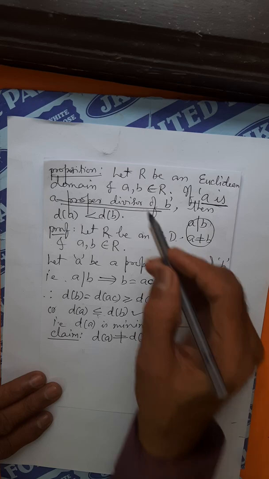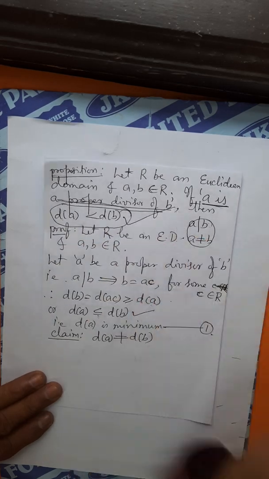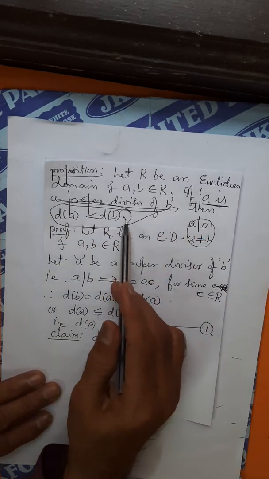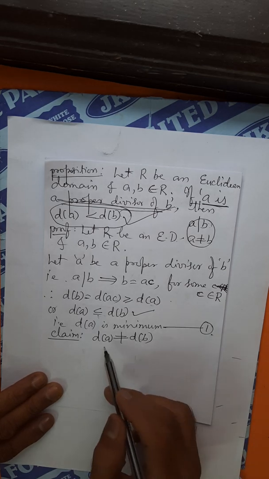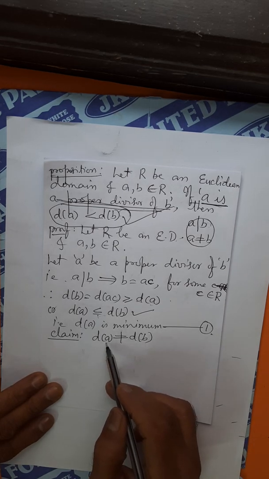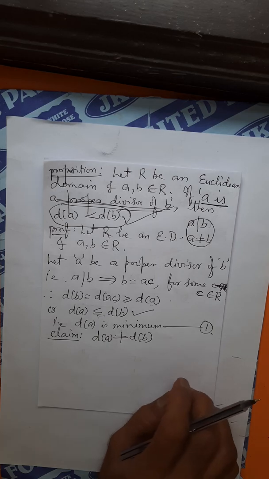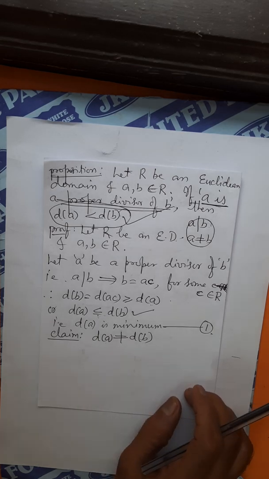D value of A is strictly less than D value of B. Your proof is completed if you prove that D value of A is not equal to D value of B.